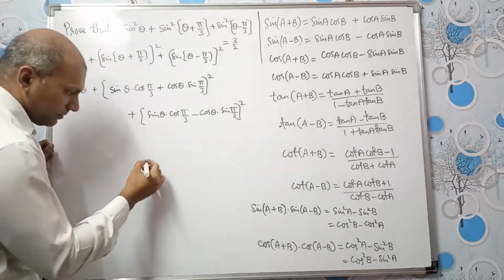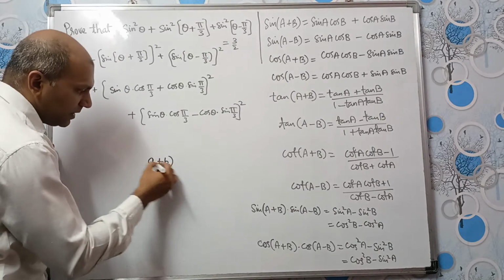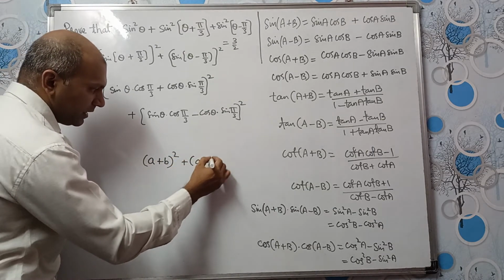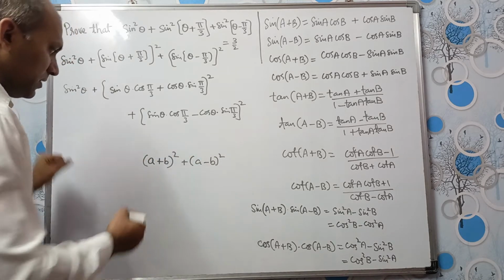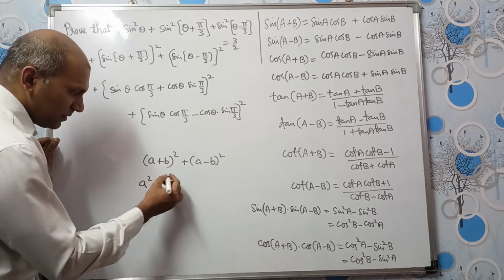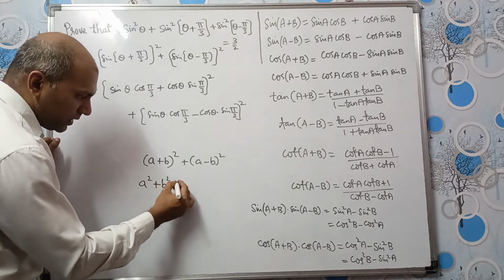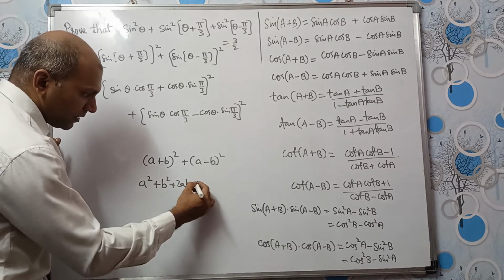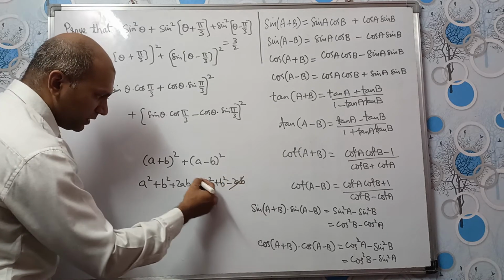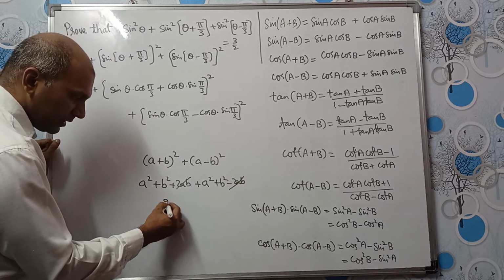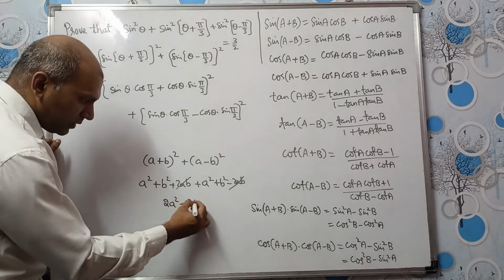Now see, if we have a plus b whole square plus a minus b whole square, if you expand this and add, what do we get? a square plus b square plus 2ab plus a square plus b square minus 2ab. These two terms will get cancelled, right? So we get 2a square plus 2b square.